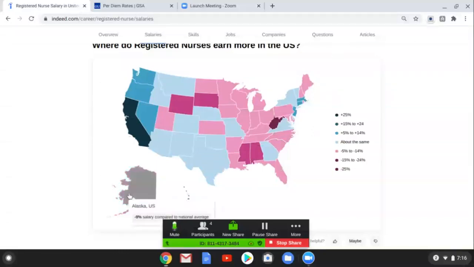And then of course, this is Alaska. So Alaska and Hawaii, because they're off of the mainland, also have higher cost of living.